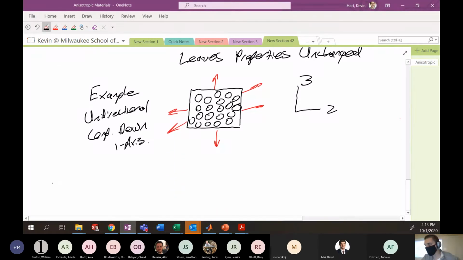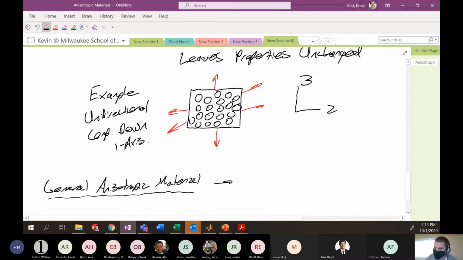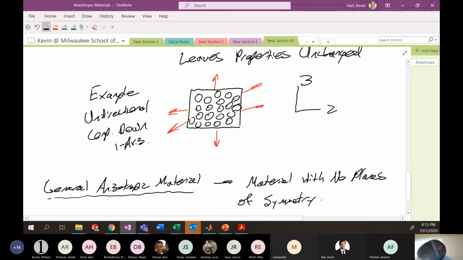Next, general anisotropic material. This is a material with no planes of isotropy or planes of symmetry, meaning you have no symmetric behavior.